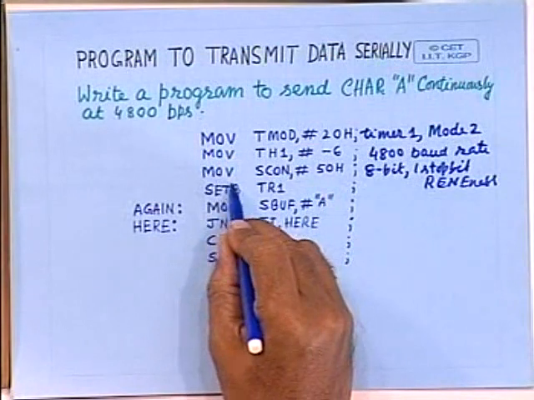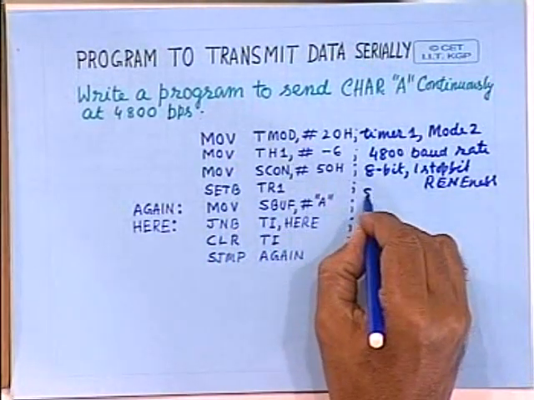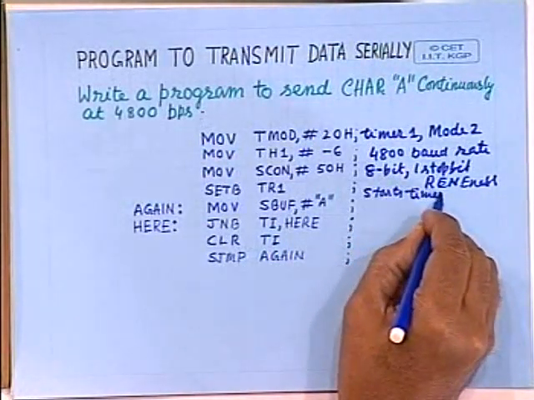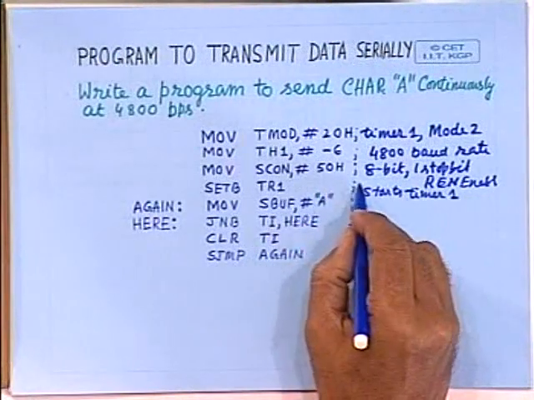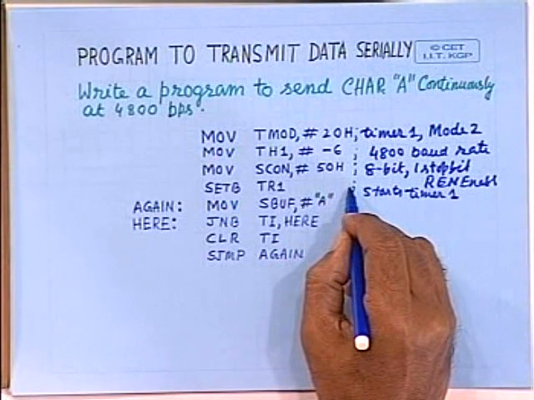Then you set the TR1 bit, so you start timer 1. That means timer 1 now starts generating the clock which supplies the baud rate.